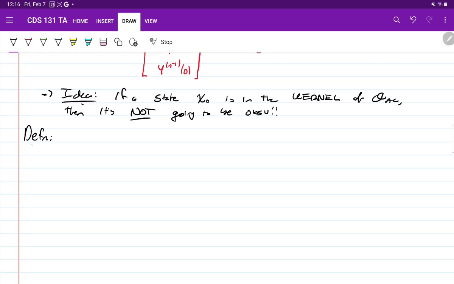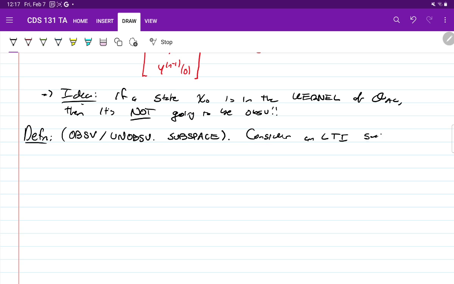So definition, this is the observable/unobservable subspace. Okay, so let's consider an LTI system representation, which we'll call A, B, C, and D. Now first, what I'll do is I'll define the unobservable subspace.